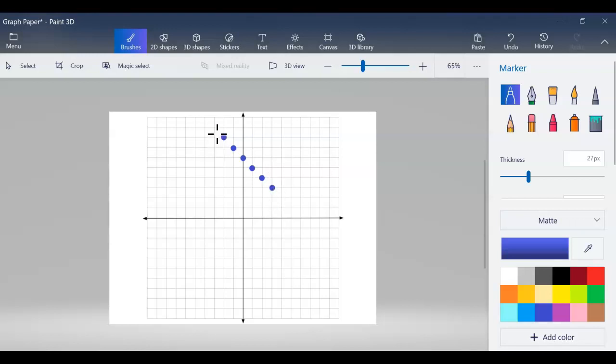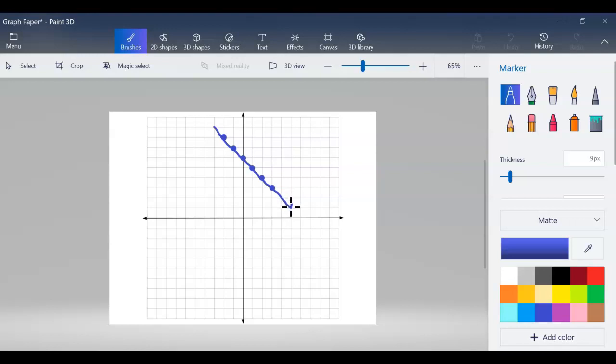So this shows the pattern of points. And then obviously, if we want to create a line, we can just create the line. I'm going to do this by connecting those dots and saying that that pattern extends forever.